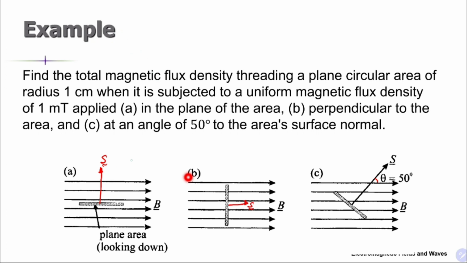So first one, what is the flux? 0. Second one? B times S. S is equal to pi r squared, r is 1, so pi centimeter squared, and then times your 1 millitesla.